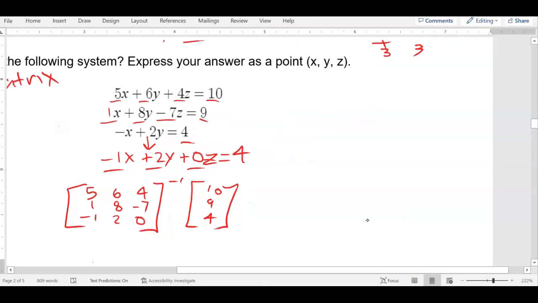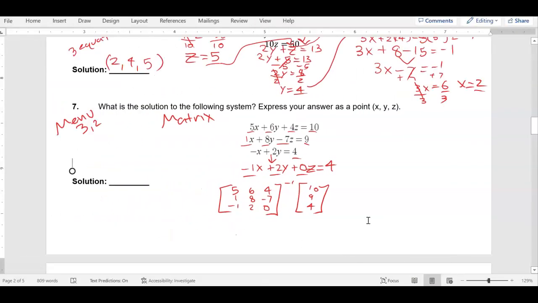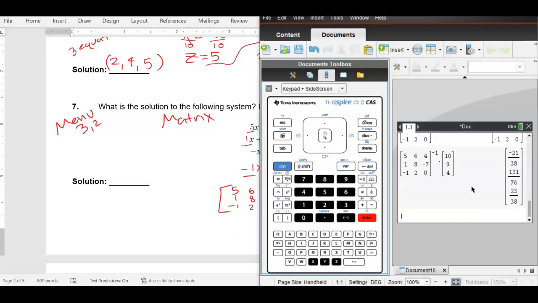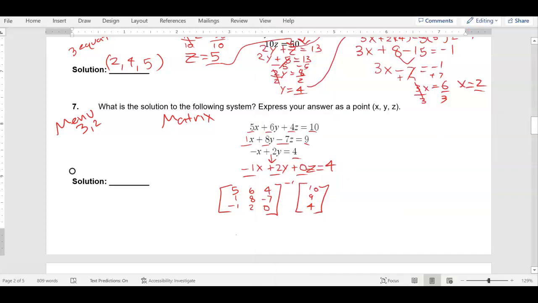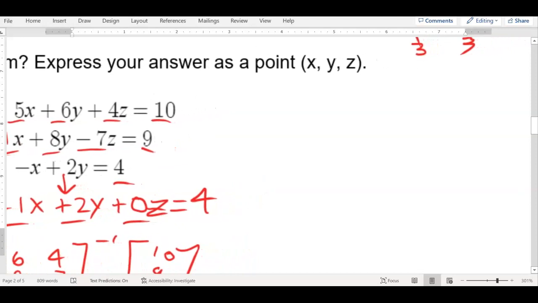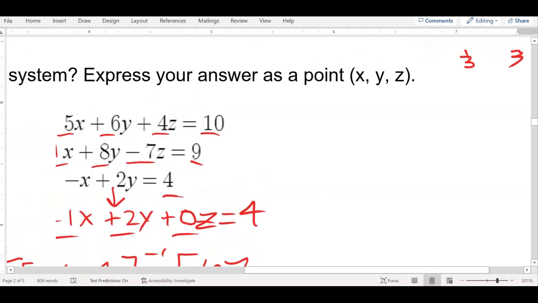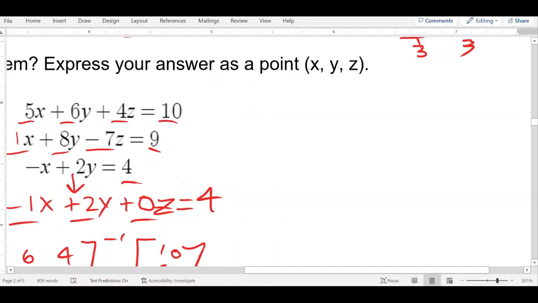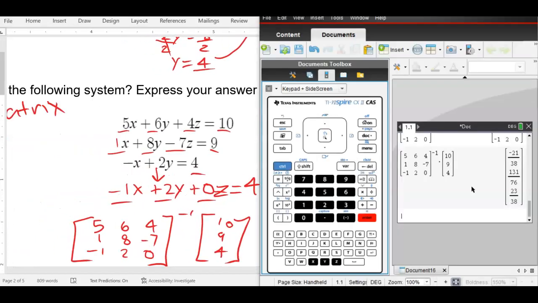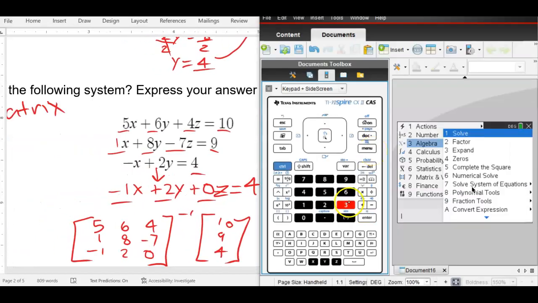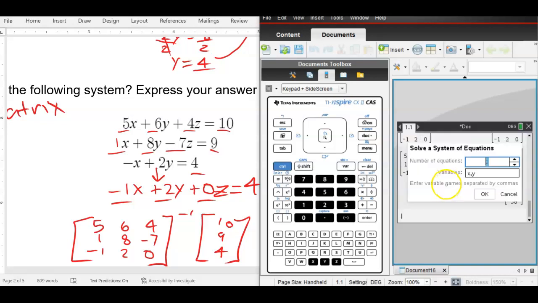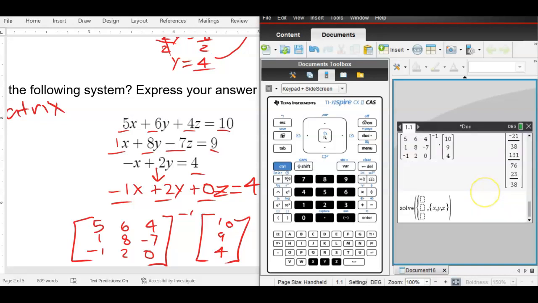All right, well, that's your answer. Let's double check it with menu 3, 2. Menu 3, you press 2. Make sure you do a 3 by 3. Or sorry, a 3 equation.